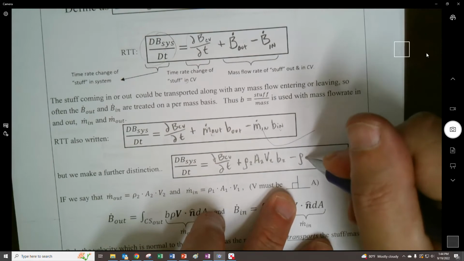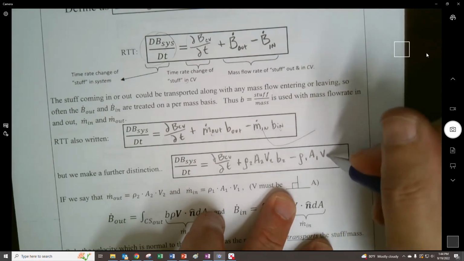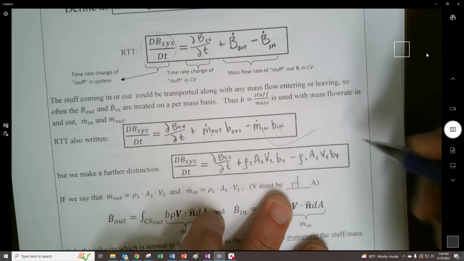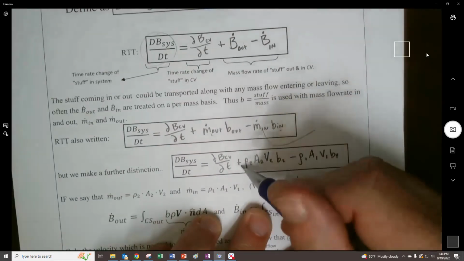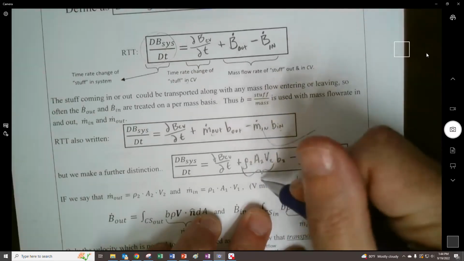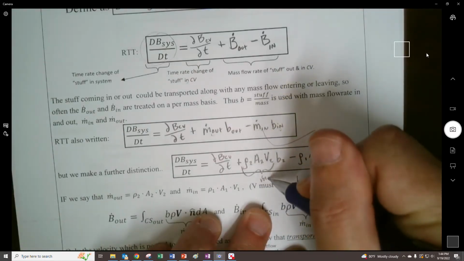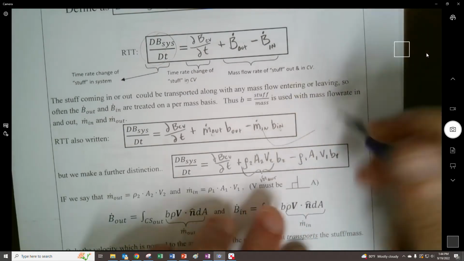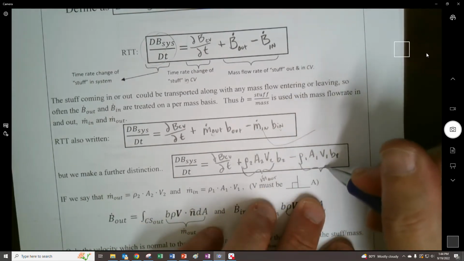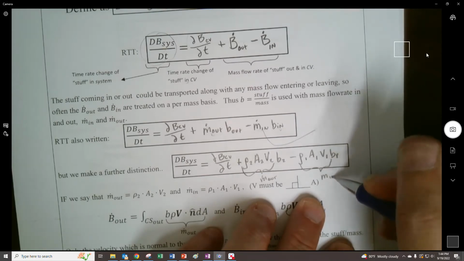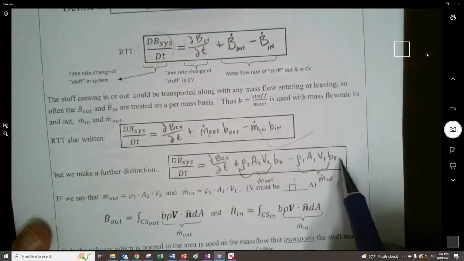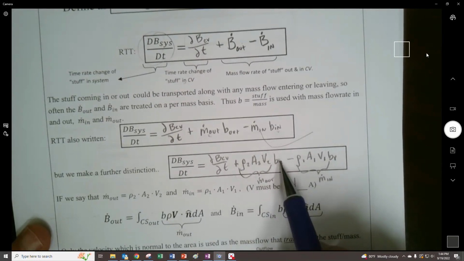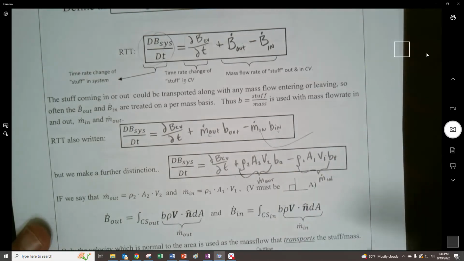And same thing here for 1, right? And recognize what has happened here is that this right here is the mass flow out, and here is the mass flow in. And they are transporting this stuff. These right here are the chariots, and here's the gladiators that are coming in and out of the Colosseum.